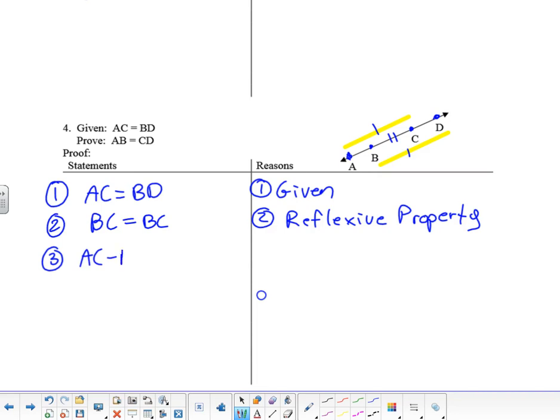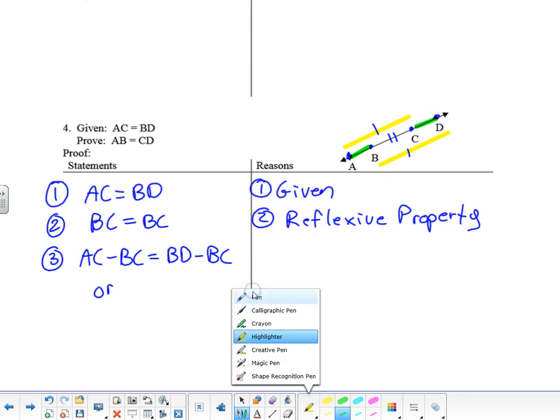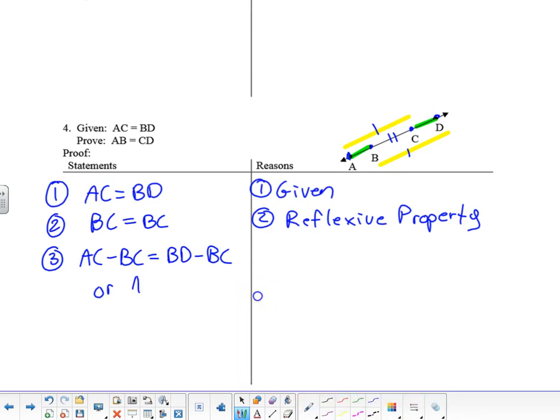AC minus BC equals BD minus BC, or what's the result? The result is AB is going to be the same as CD, or AB equals CD, which is the subtraction property of equality.